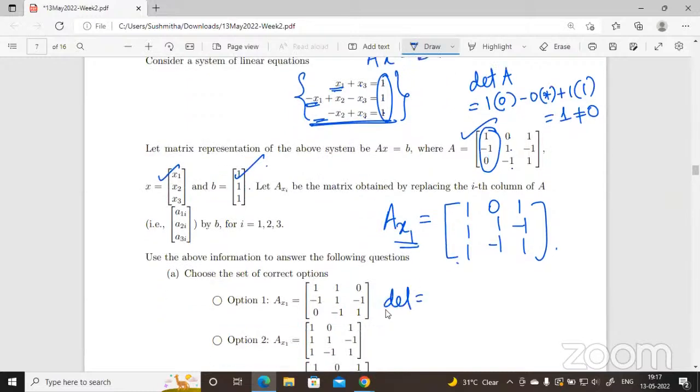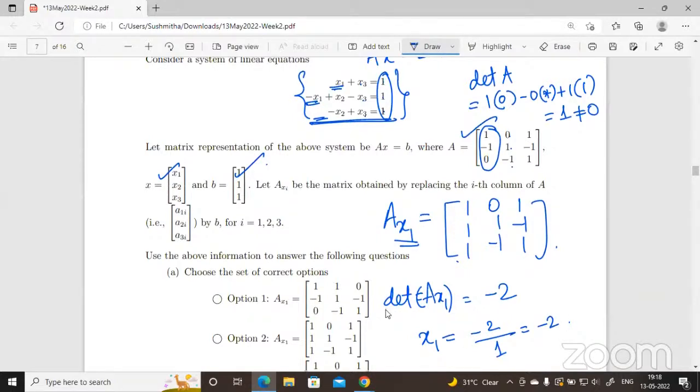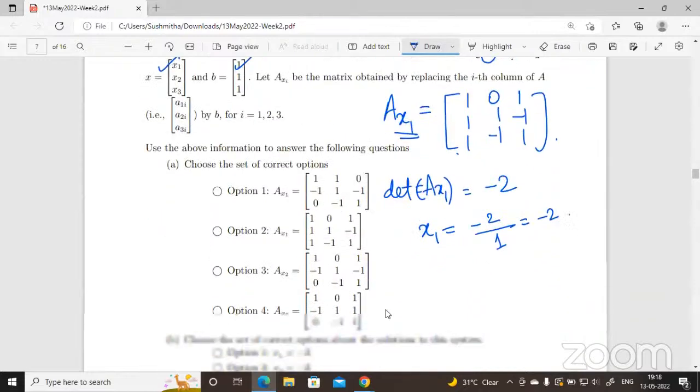If I expand along the first row, that is minus 2. So what is my x1? Minus 2 by 1, that is minus 2. So similarly, we find out A_x2, A_x3.